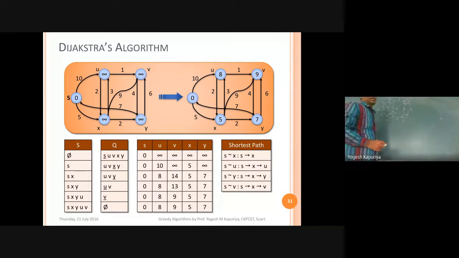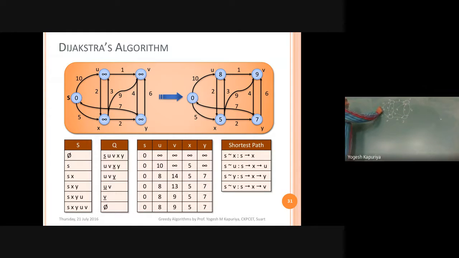Now, it's the same approach which we have discussed in Prim's algorithm. In fact, Prim's algorithm is a derivation of Dijkstra's algorithm. This is the algorithm which was given by Dijkstra, and it is based on the greedy approach because at every instance we are checking one greedy choice property, and that choice property is the distance.